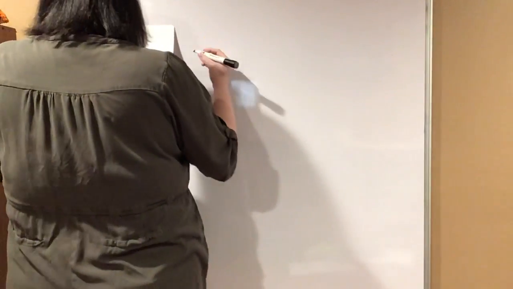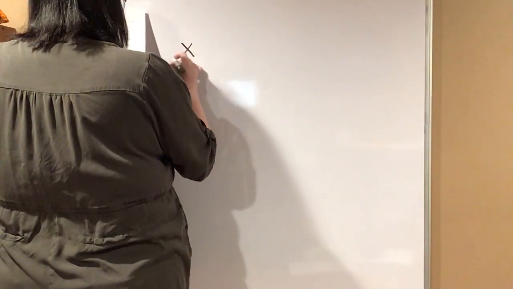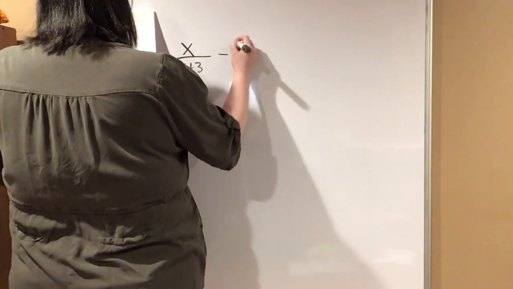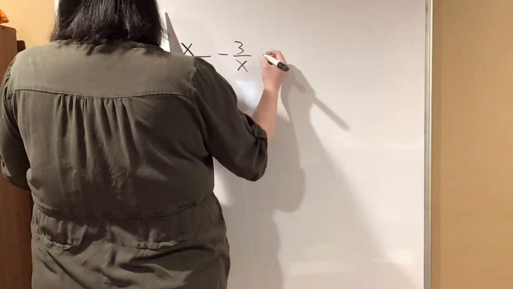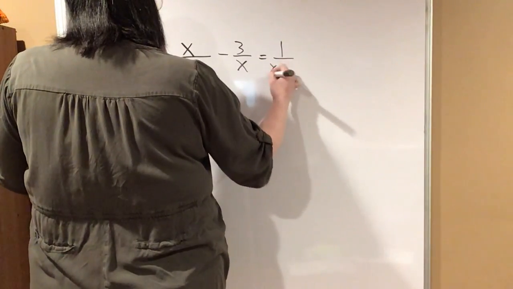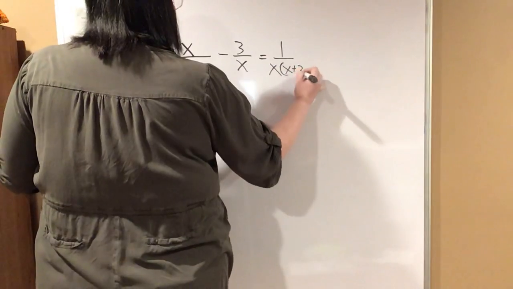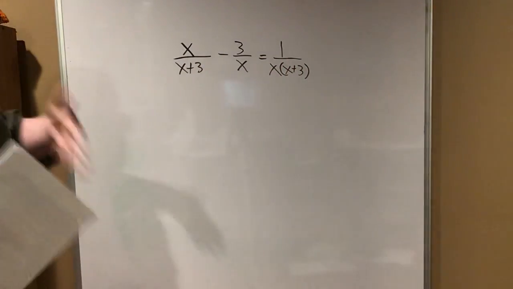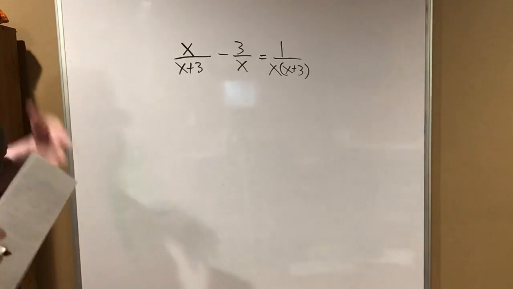So what if we are given x over x plus 3 minus 3 over x equals 1 over x times x plus 3? Well, I taught you guys last time to find the least common multiple or least common denominator.